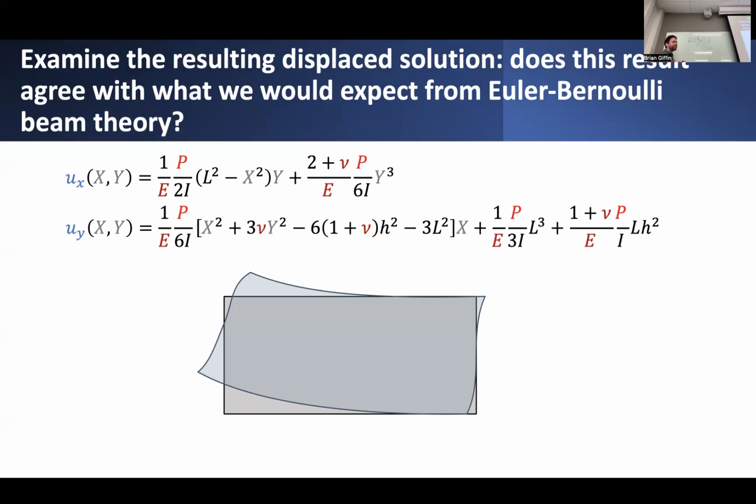That's Euler-Bernoulli beam theory in a nutshell. Maybe there's some displacement going on, but in general, the cross sections remain planar. They remain perpendicular to the neutral axis. Do you see anything in this image that disagrees with some of the assumptions of Euler-Bernoulli beam theory? And if so, what are they?